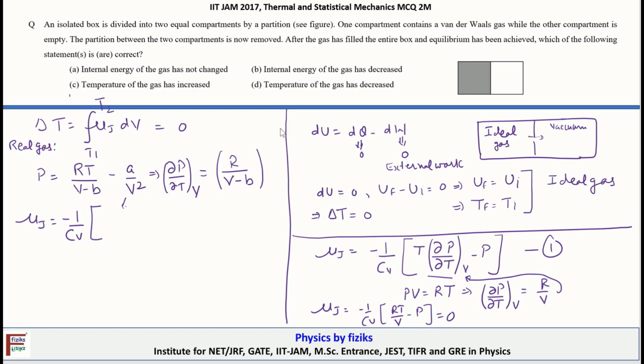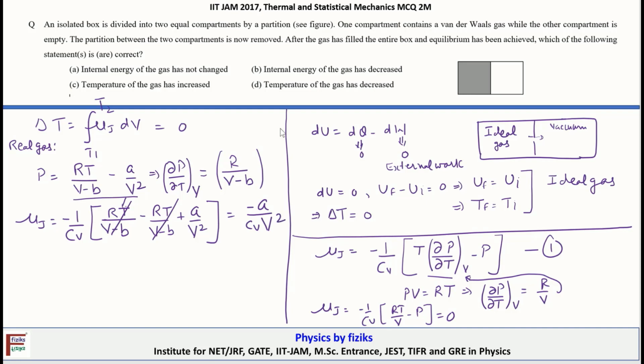T dP by dT will give us RT upon (V minus b), and then minus P. So we will substitute P equal to this quantity here: minus RT upon (V minus b) plus a by V square. So this will cancel with this, and ultimately we are left with minus a upon Cv V square.